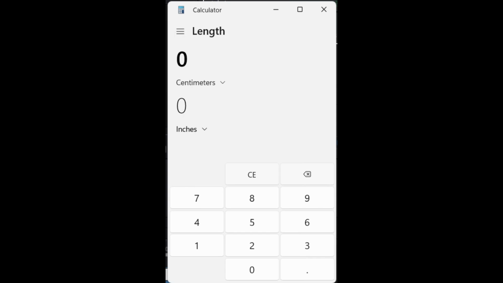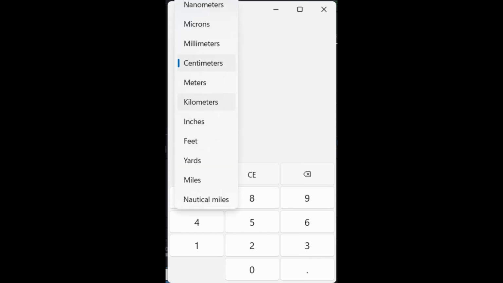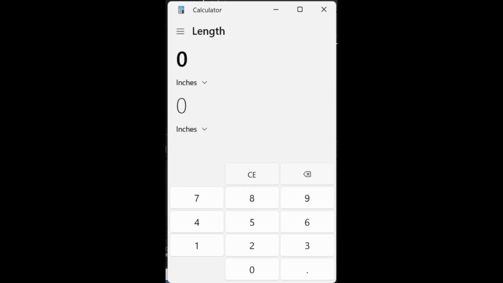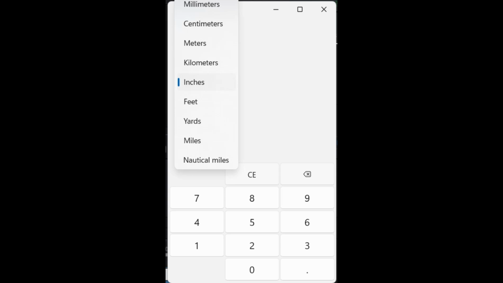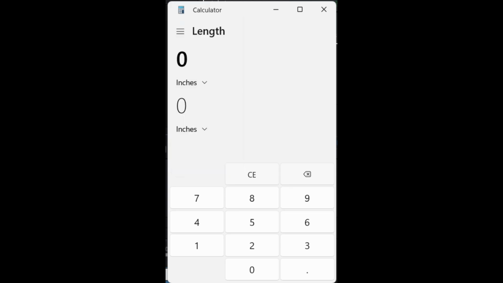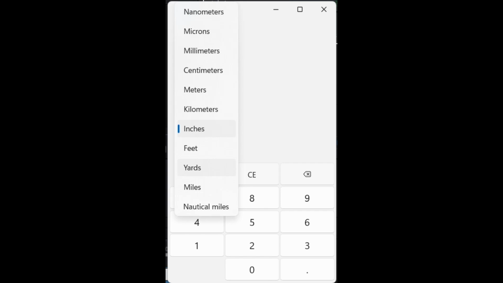The length is kind of a neat one. You've got conversions in here. A lot of times we're converting between, I'm in the United States, so we're still basing a lot of our measurements off of body parts, which is kind of strange. I don't think we're using the cubit anymore, but we have feet and inches, so you can convert inches and feet.